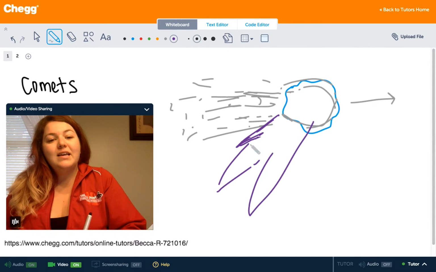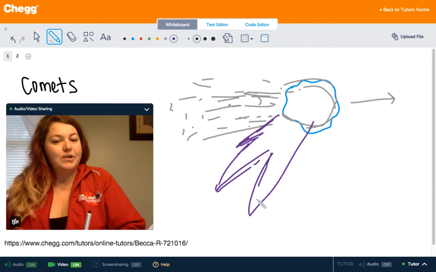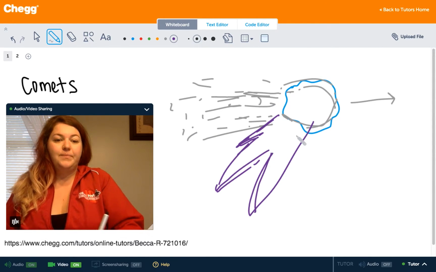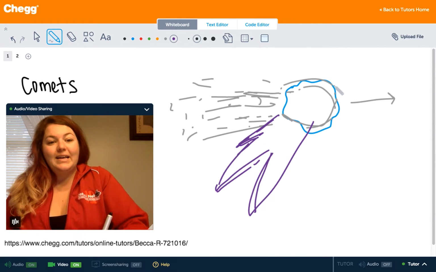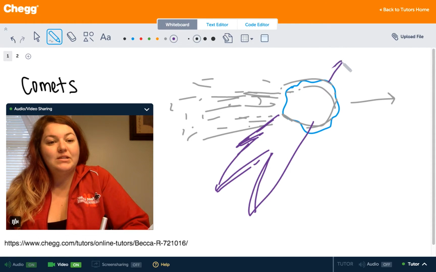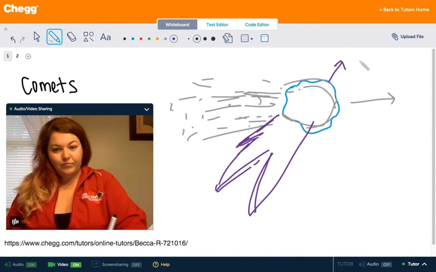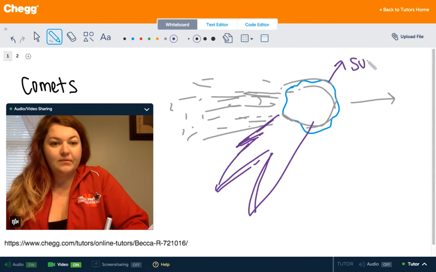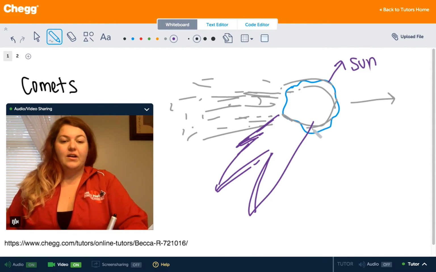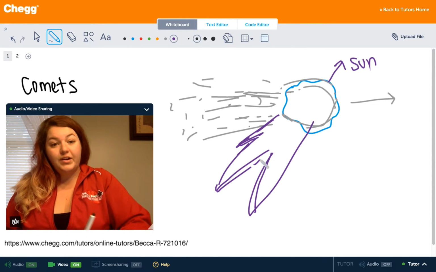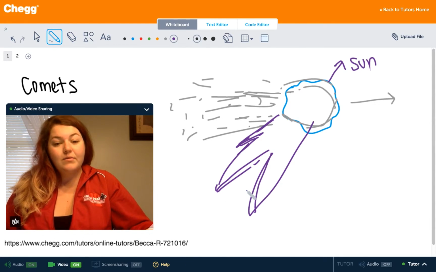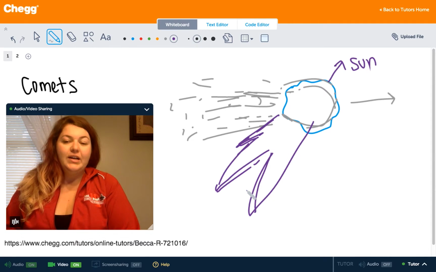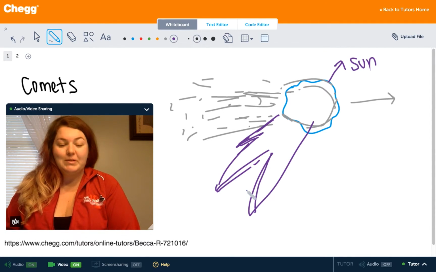Now, this tail may or may not be pointing in the same direction as the dust tail, but it is pointed in the opposite direction from the sun. So let's say the sun is over there. The plasma tail will be over here in the opposite direction. And the reason for that is because the plasma tail is formed from the solar wind.